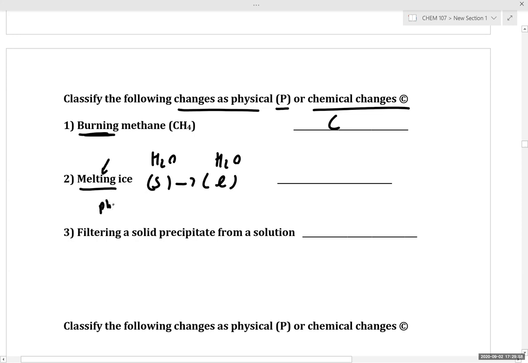Melting, that's a sign of a phase change. And as students are noting in the chat, this is 100% a physical change. Filtering a solid precipitate. So filtering, when we talked about filtration, that's a physical change. Yep, exactly right.